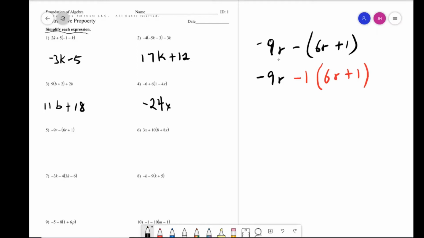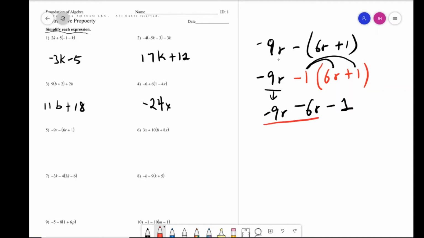Now I will do the distribution of -1 times 6r. So that is -6r. -1 times +1, that is a -1. Bring down what comes before it, which is the -9r.